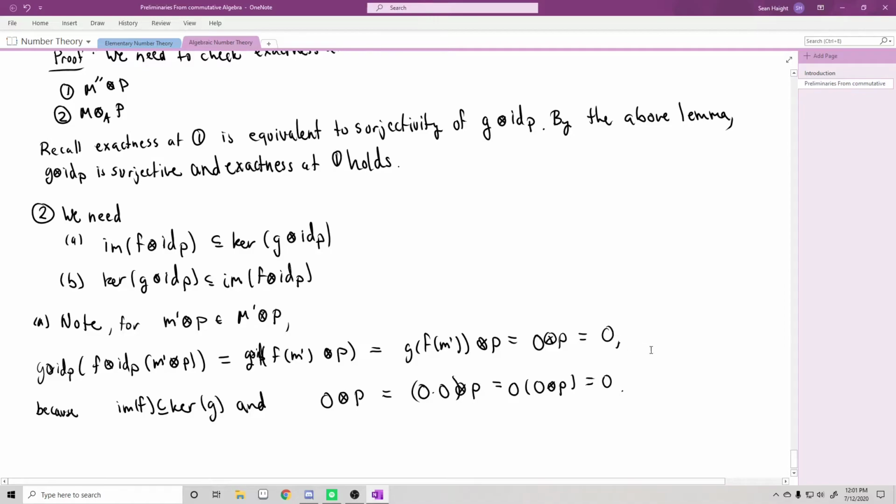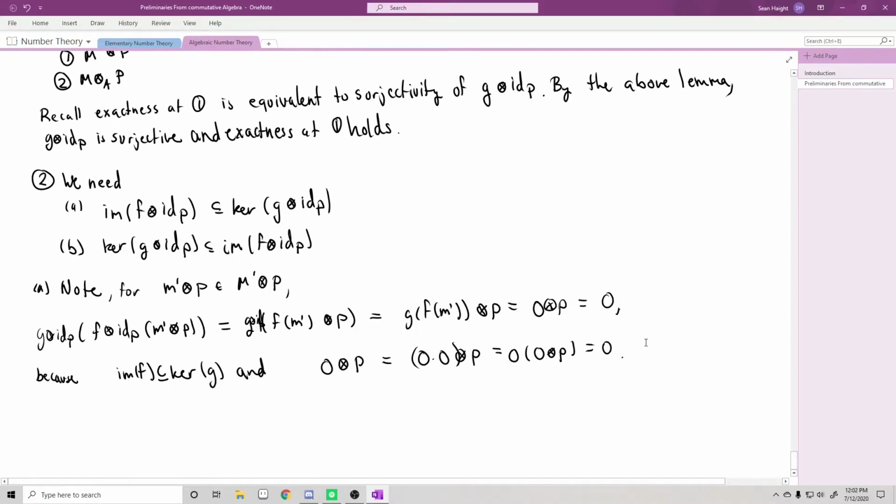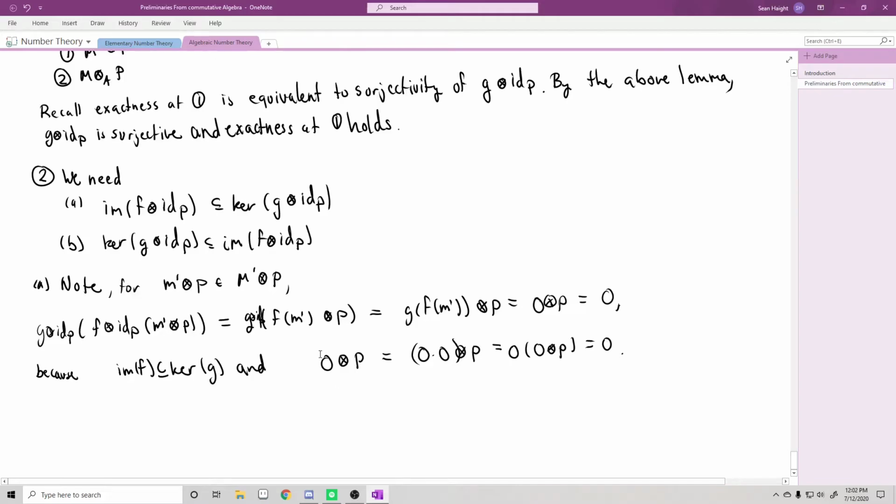So general fact: 0 tensor anything in a tensor product just kills everything. So part A holds.